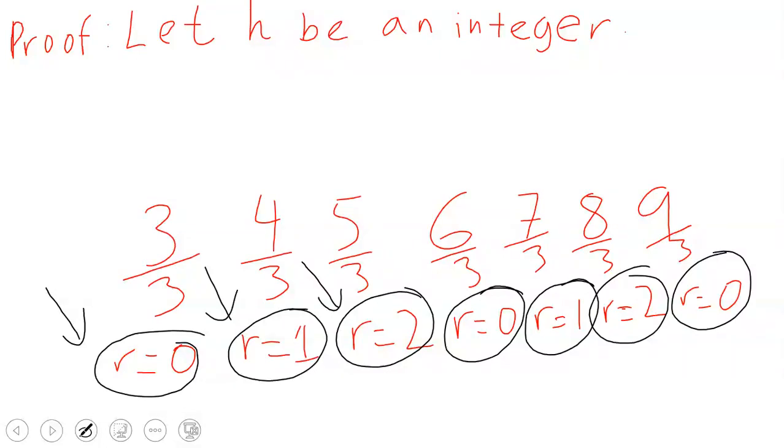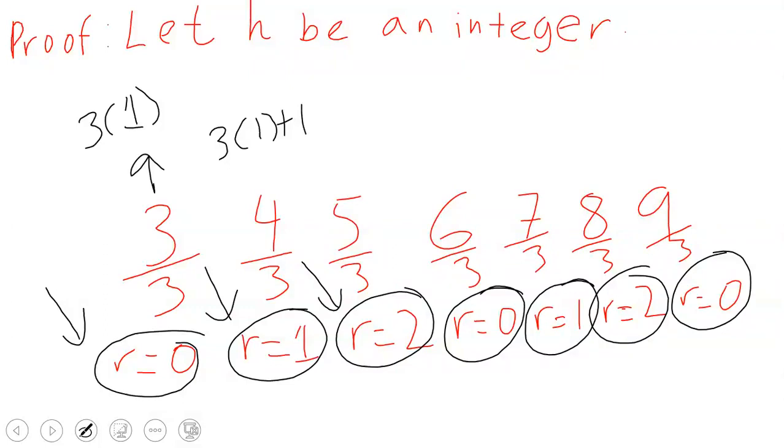Now, if it has a remainder of 0, then it's a multiple of 3, so we have 3 times 1. If it has a remainder of 1, then it is not quite a multiple of 3, but it's a multiple of 3 plus 1. So 4 can be written as 3 times 1 plus 1.